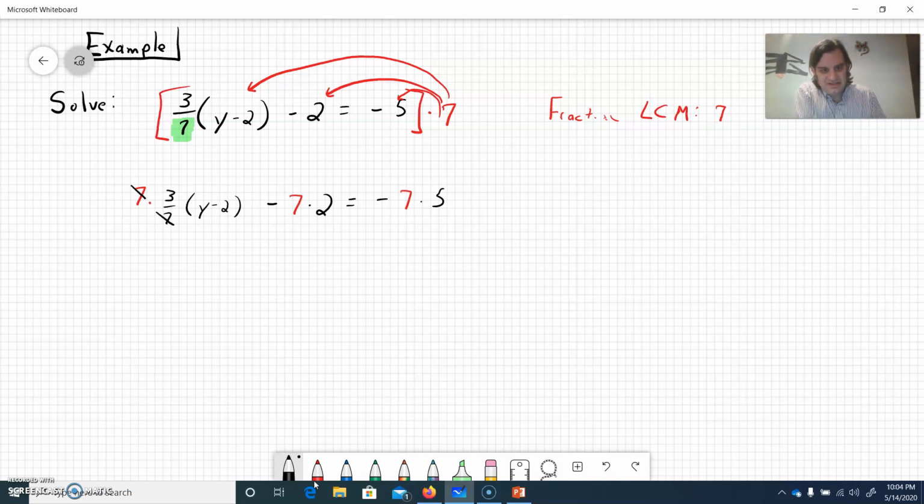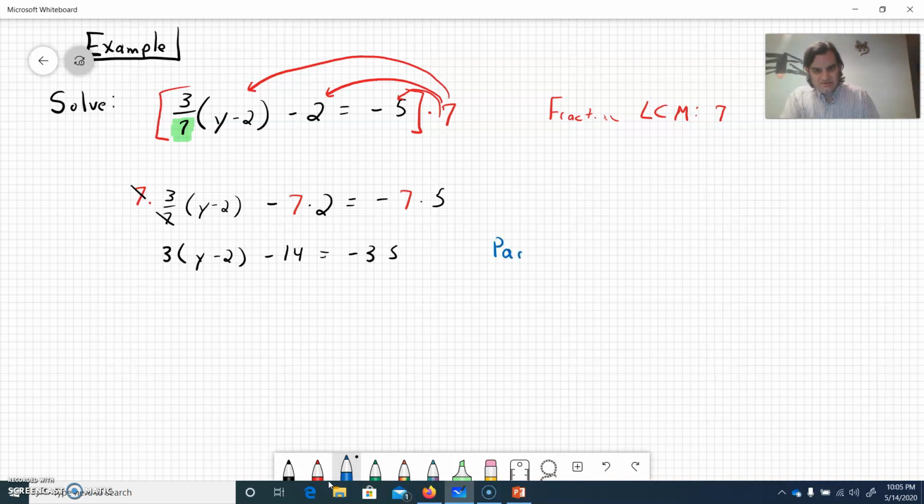Okay? So let's clean that up real quick, and we'll do it this way. 3 times y minus 2 minus 14 equals -35. Okay? So now we have an equation with no fraction, which is good.